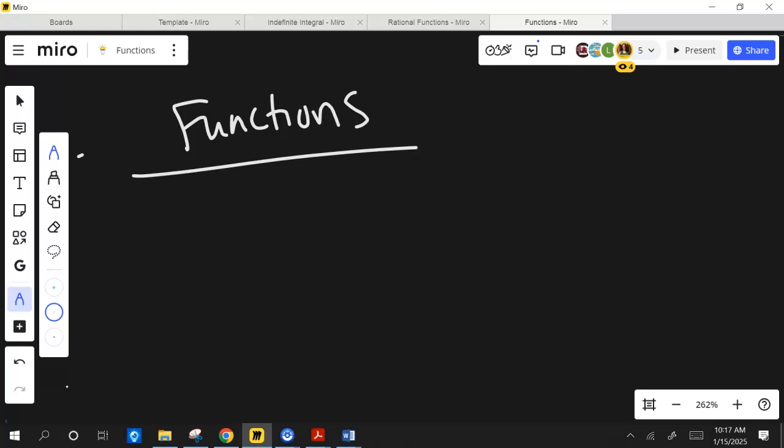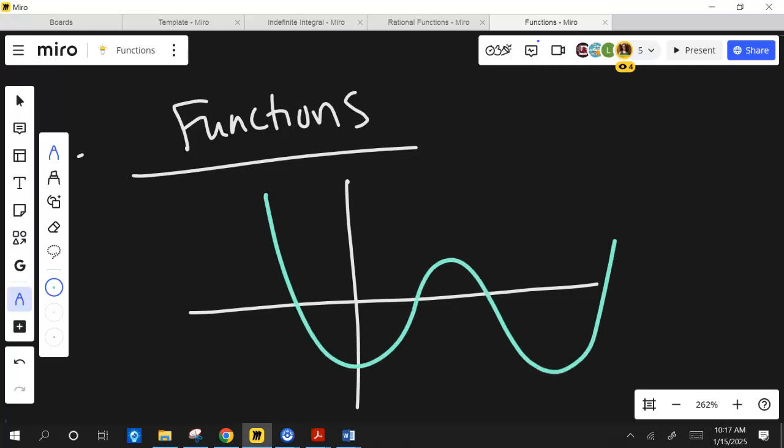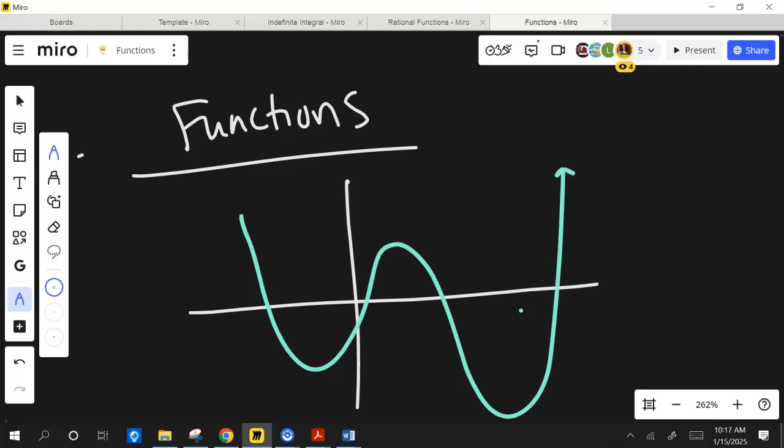All right, tell me some things about functions. Let me put just a random function on here. The y value can't be the same. Function or no? Yes.